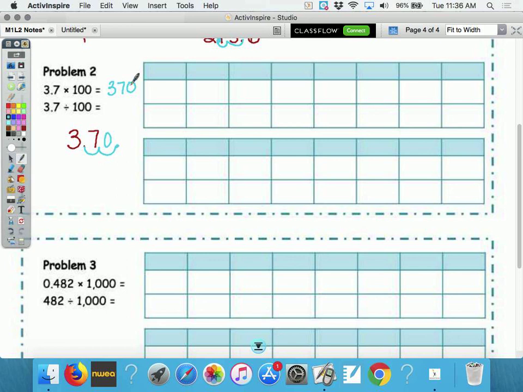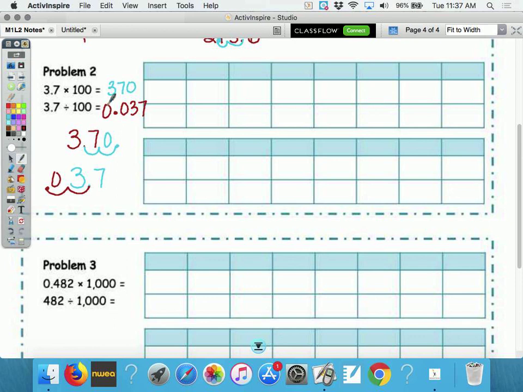Okay, now let's rewrite 3.7 again. And this time when we divide, which way are we moving? To the left. How many places? Twice. Why? Because there's 2 zeros on 100. So I'm going to move to the left twice. What do I fill in with here? 0. Now if I'm going to write this number 0.037, what do I need in front of it?